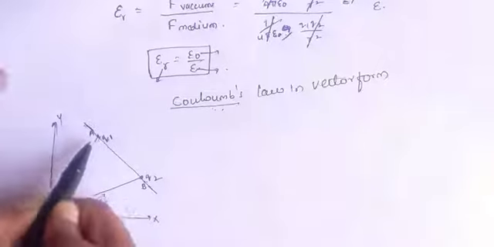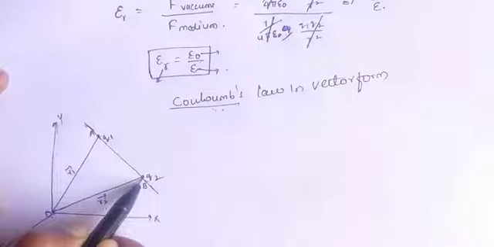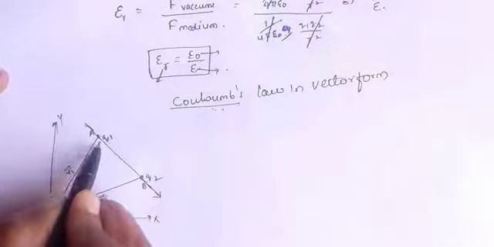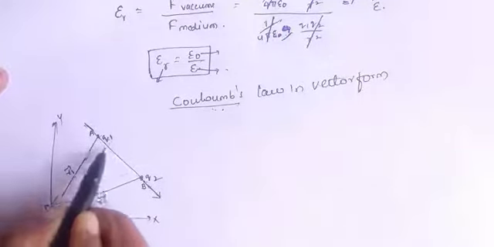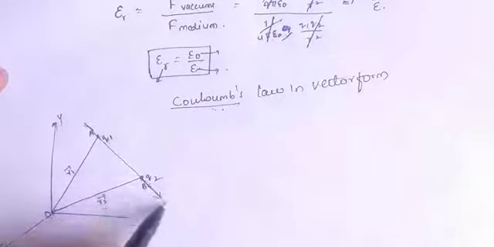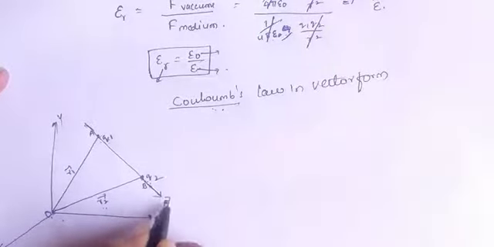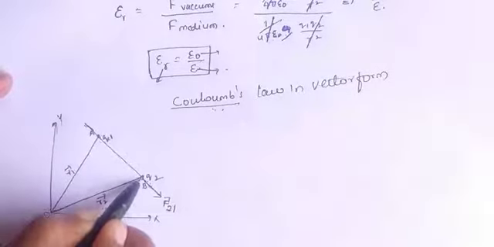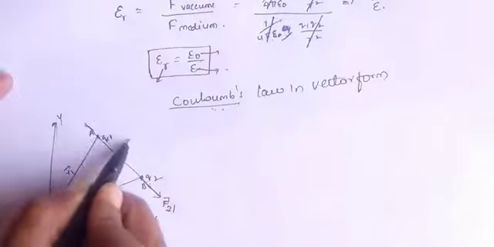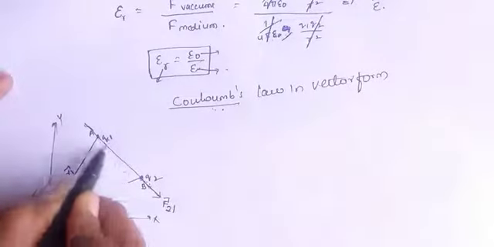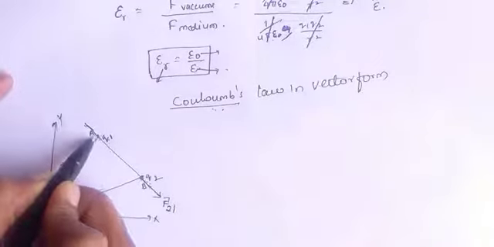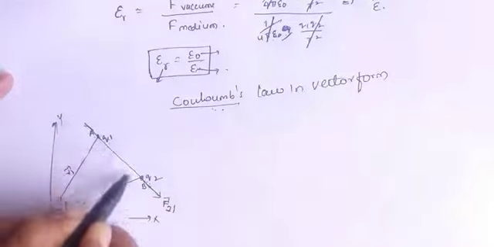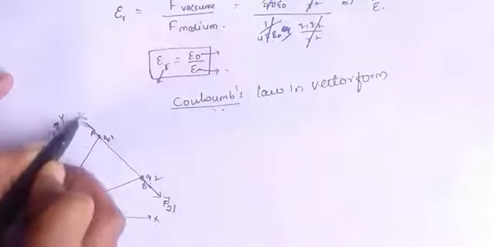So q1 applies force on q2, and q2 moves in this direction, away from q1, because as it is a positive charge it will repel q2.